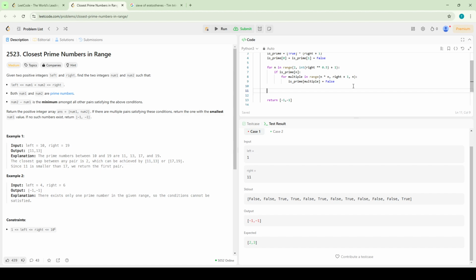So now we'll create a variable called result, and then the previous prime number will be set to none, right?